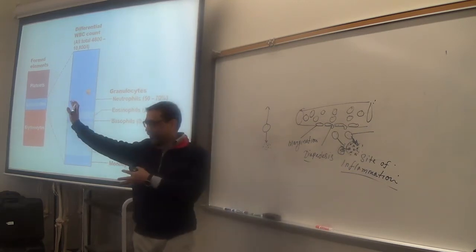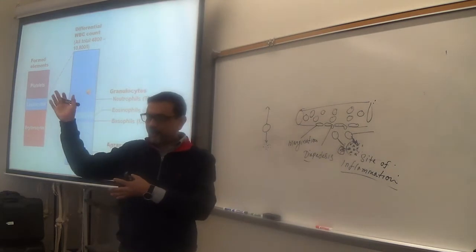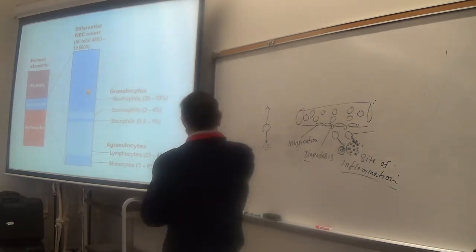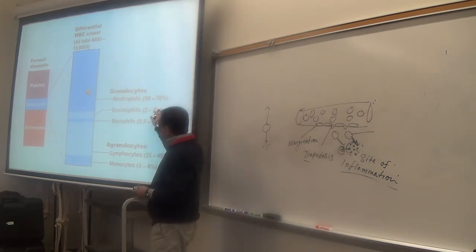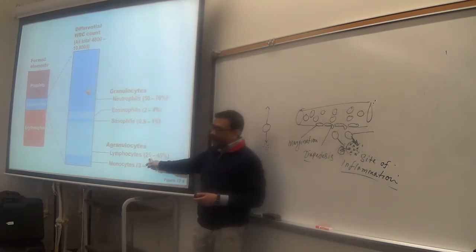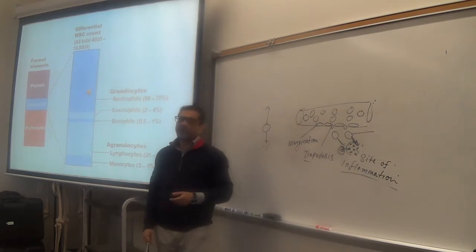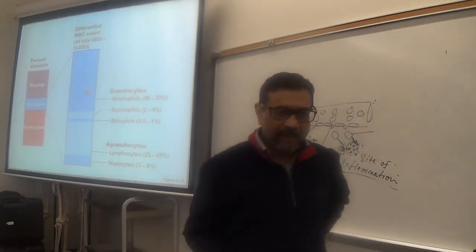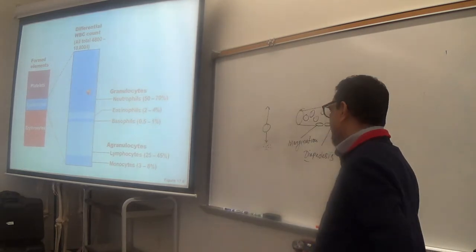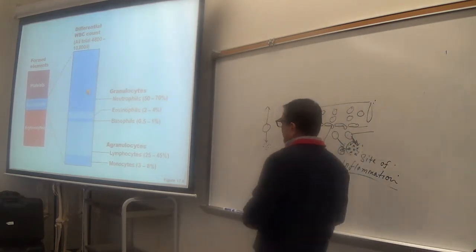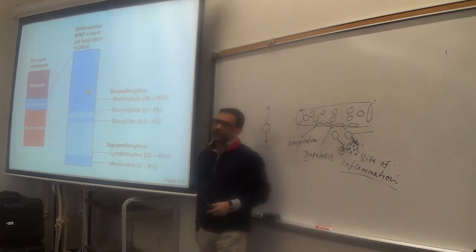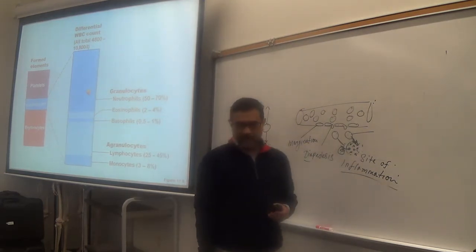Make sense? Second most common are lymphocytes, 25 to 45%. So if you count 100, you would expect 25 to 45 white blood cells are lymphocytes.